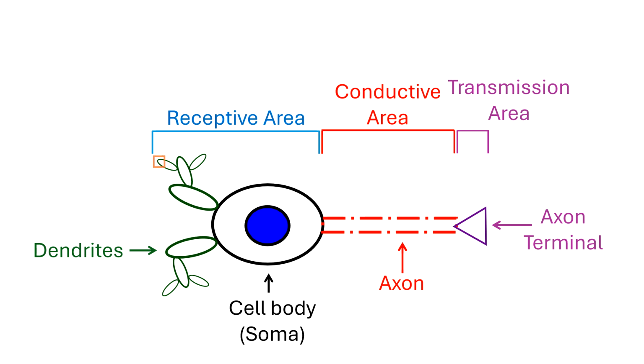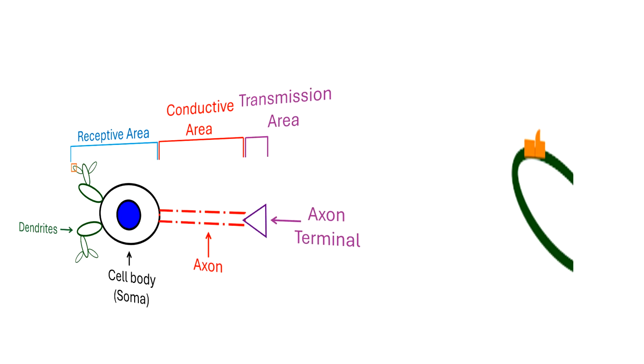Now, we're going to begin looking at neurotransmission by zooming in on this little area, on this little dendrite. And if we zoom in, we will see that there is a protein that goes through the membrane of the cell.